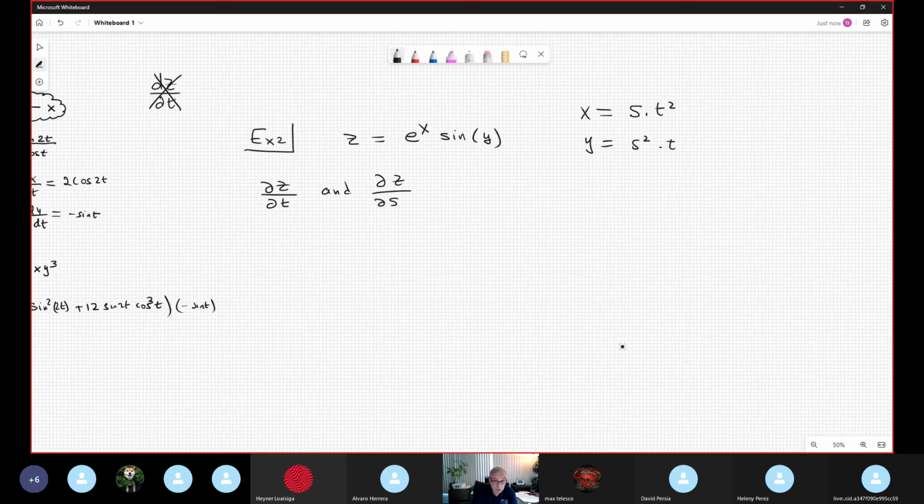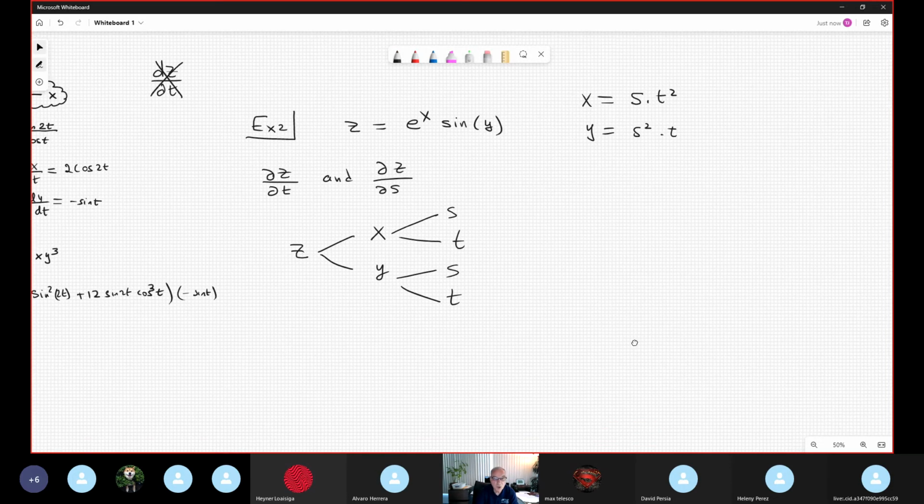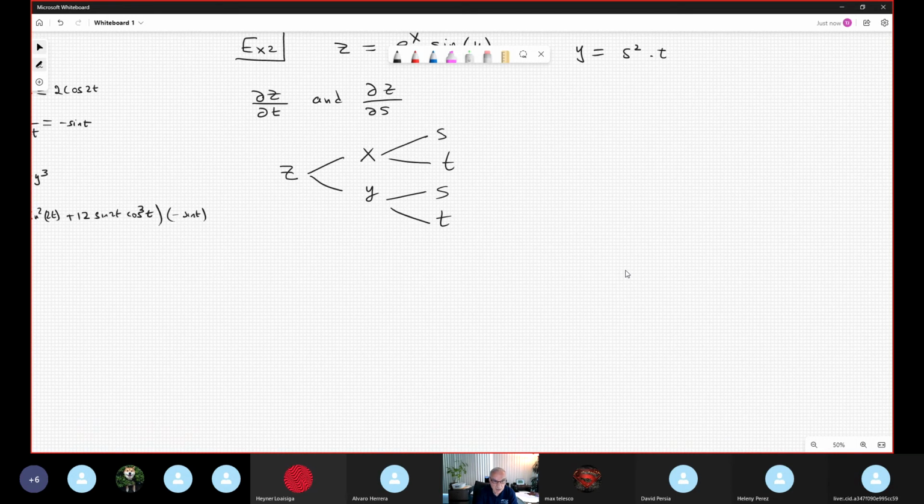Okay? And z is dependent on x and y. You see it clearly in this expression. But x is dependent on s and t, and y is dependent on s and t. This is our tree. This is our tree. And the formula for the derivative for that tree is, suppose, the partial derivative of z with respect to x.